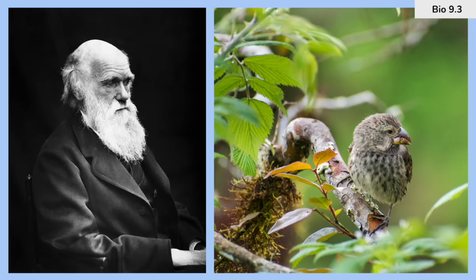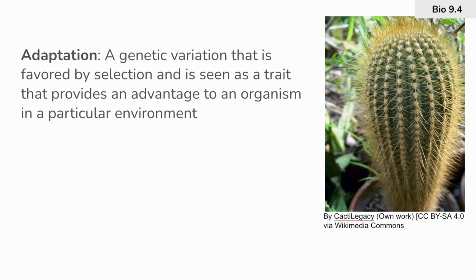Now, an adaptation is a genetic variation that is favored by selection and provides an organism with an advantage in a particular environment. But if the environment changes, that adaptation may not be as favorable. So it's all dependent on the environment that the organism is in. And sometimes we see similar adaptations in different populations.